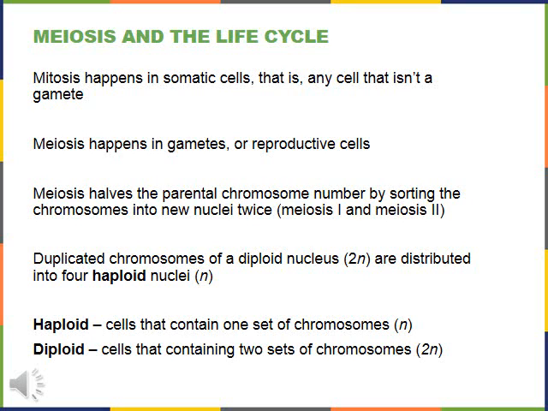So mitosis ends in 2 daughter cells that are diploid, and meiosis ends in 4 haploid cells. So they're haploid, they have 1 set of chromosomes. And that's not 1 chromosome, it's 1 set of chromosomes. And diploid has the 2 sets.